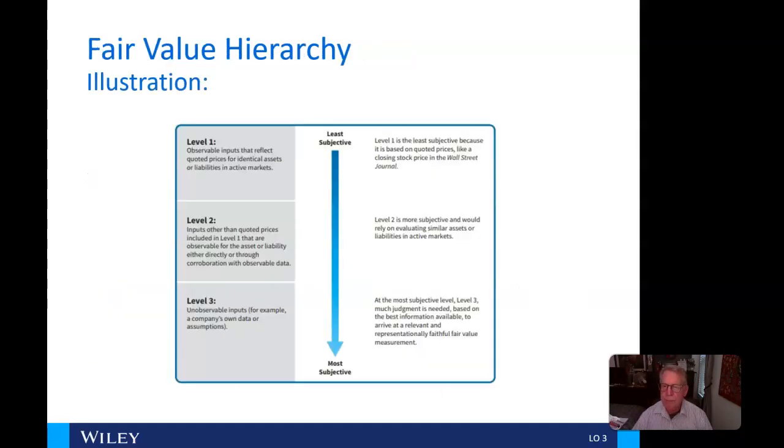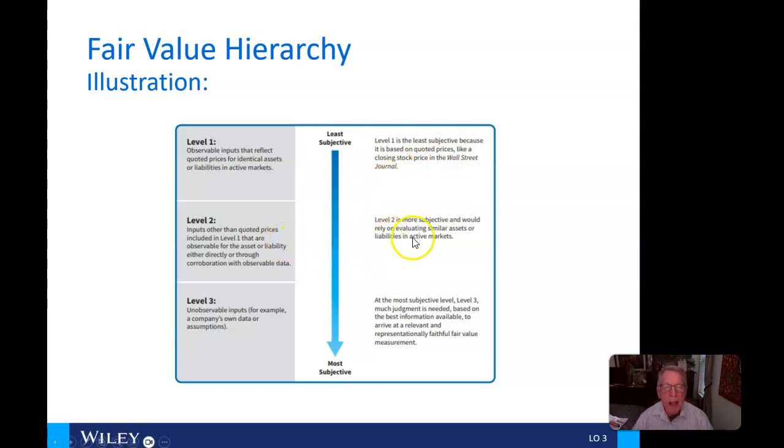All right. So the fair value hierarchy here, we have some observable inputs that reflect quoted prices for identical assets and liabilities. So that's the least subjective. We can find out things like closing stock prices in the Wall Street Journal relatively easily, and they're accurate.